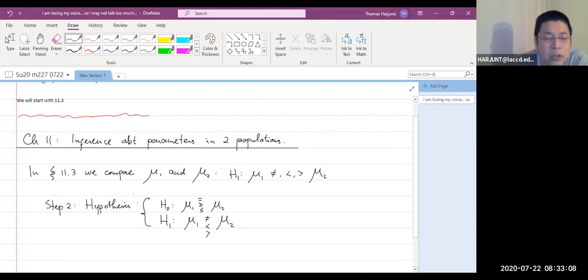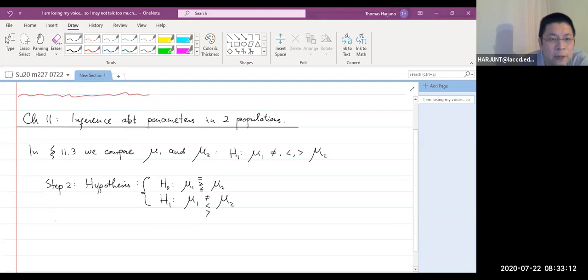Now, you see in our test statistic later on, in step 3, just like before, we need a constant from step 2.